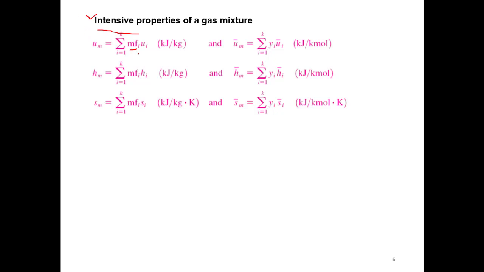You add up depending on the number of components. Let's say k value is 3, so from 1 to 3, three components. So this is how, based on the intensive property, you can calculate the value of um for the mixture, which has three components.